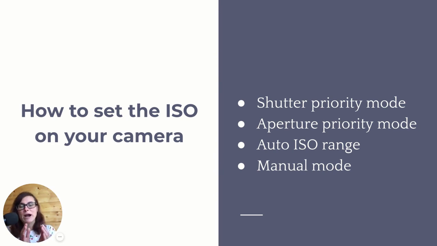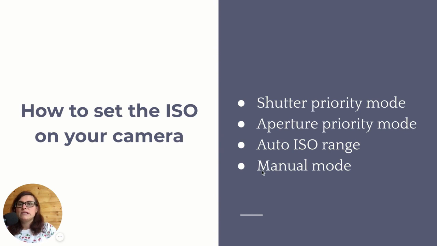You can tell the camera not to go below a certain ISO value and not to go above a certain ISO value. So for example, you can set your camera on auto ISO to choose anything between 100 and 6400, which is maybe your native ISO, so that you can make sure that the camera will not increase your ISO too much, therefore giving you a lot of noise. I will explain this in a second as well.